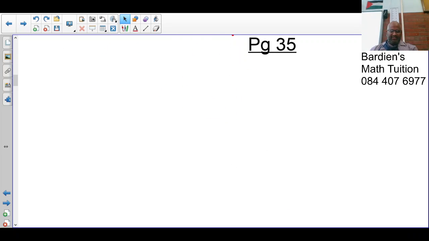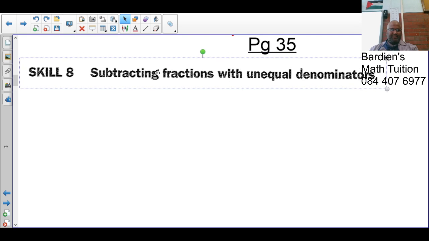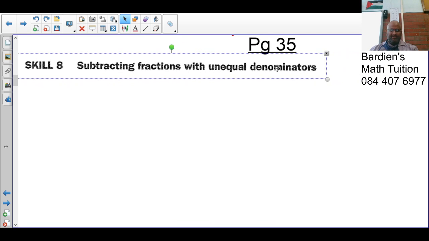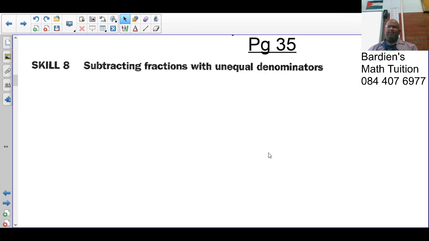What is skill in Afrikaans? I asked what does skill mean. The word skill. No, skull is peel. An orange peel is a skull.